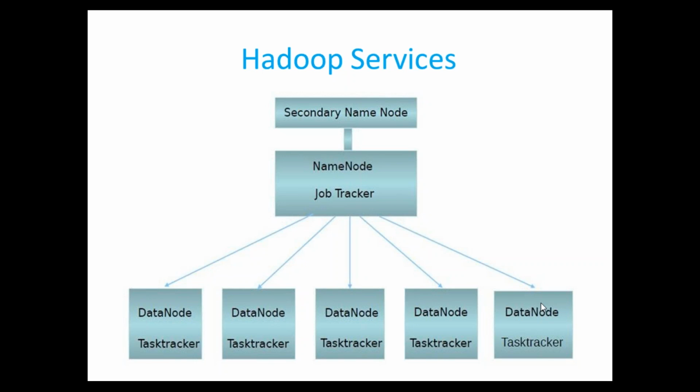Similarly, when you want to execute some job, job tracker will be accepting your request and will be distributing the task among multiple slave machines. Along with the master, we have a secondary name node which is useful in case of name node failure. So these are the different services running on the master machine, secondary master machine, and multiple slave machines.